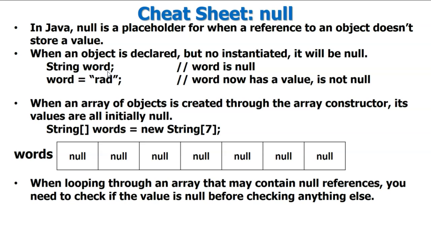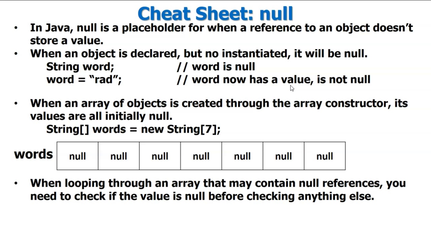It has not been assigned anything yet. That object hasn't been created. We'd say that word is null. When I instantiate that, when I say word equals, in quotes, rad, word now has a value. It's no longer null. The word reference now points to a string object that holds the characters for rad.